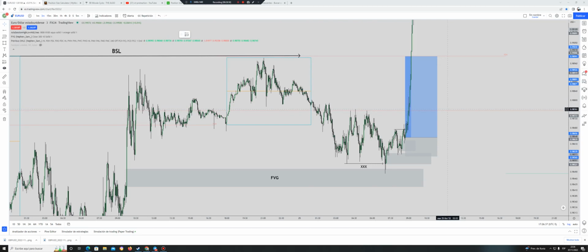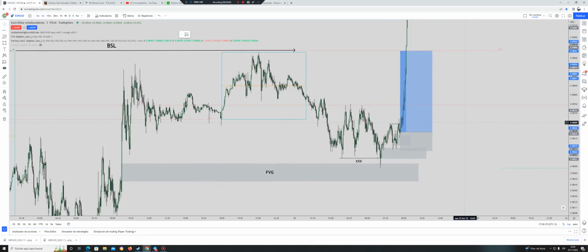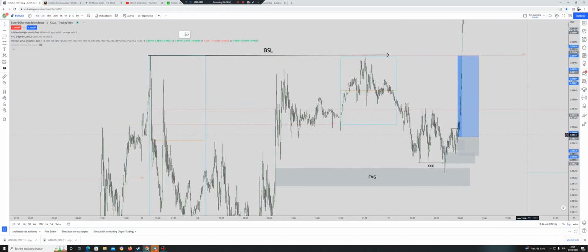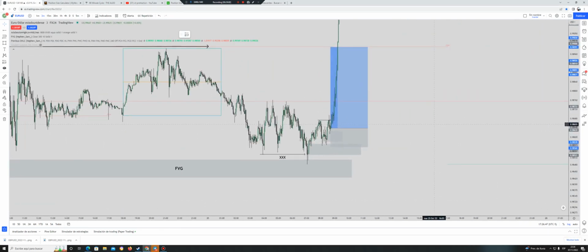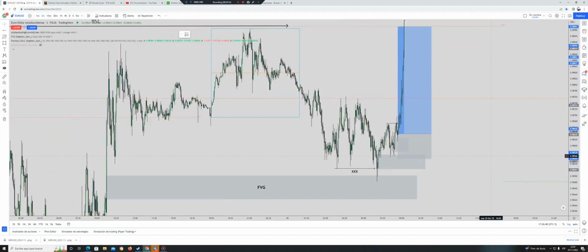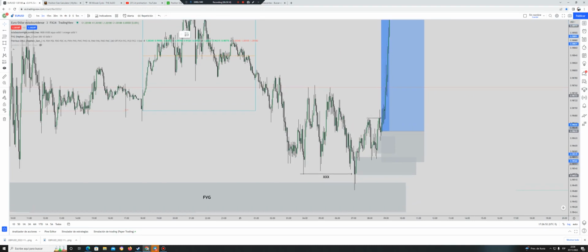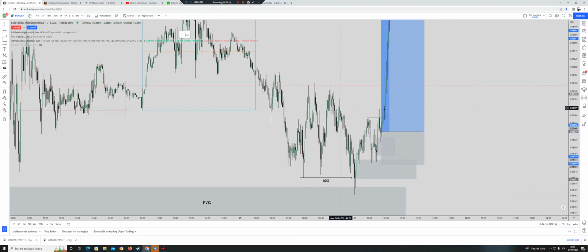Example I've got here for you guys is this one. This was a trade I took, like I said before, I posted on my Telegram group. And yeah, of course you already need to have a context. I already explained this to you, but look at this, how we go here. 8:30, 8:40, 8:30.